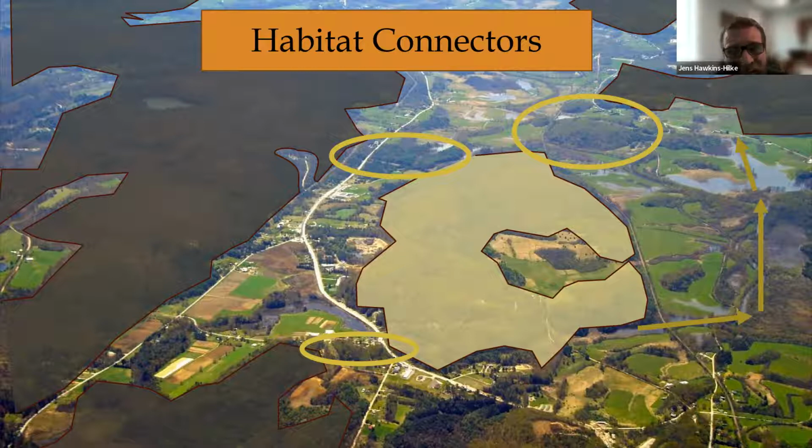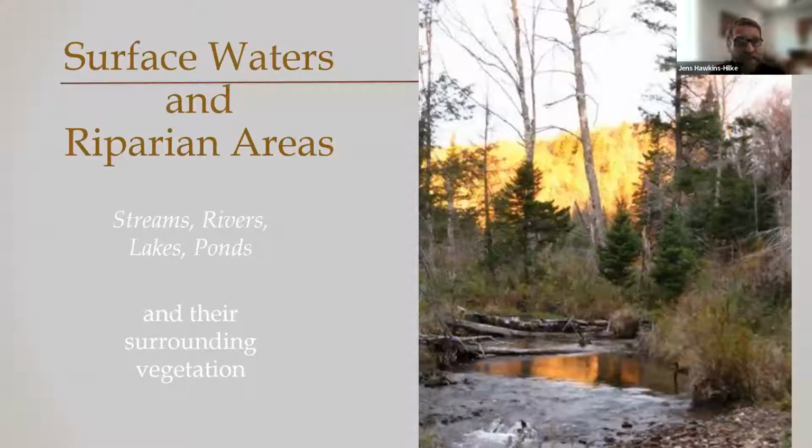And then at right, there's the surface water and riparian areas network. Again, another type of connector. So my point here is forests are critically important for climate resilience. We can think about them at a variety of different scales, but we also need to zoom down and think about how forests are connected. And these surface waters and riparian areas are a huge part of that, those connections between forests.